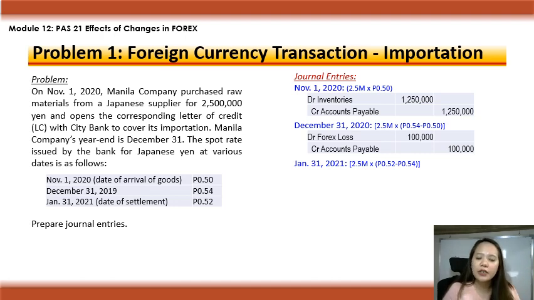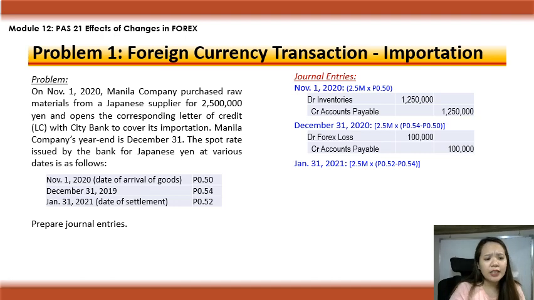So meron kang increase in accounts payable equivalent to the difference 0.54 minus 0.50 times your foreign currency unit of 2.5 million yen. So your accounts payable, dadagdagan mo siya ng 100,000. Tumaas yung payable mo, lugi ka ba doon or kumita? Lugi ka. So, meron kang forex loss debit of 100,000.